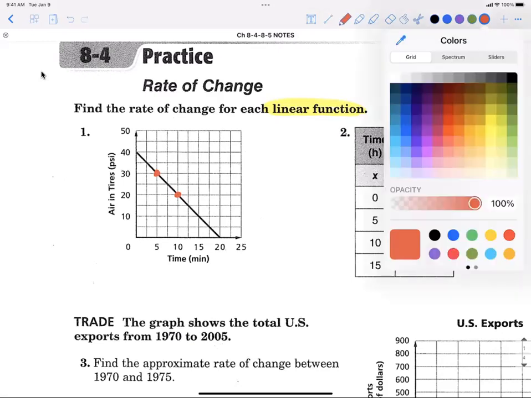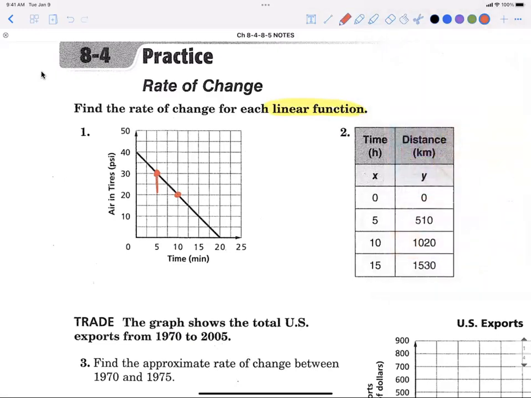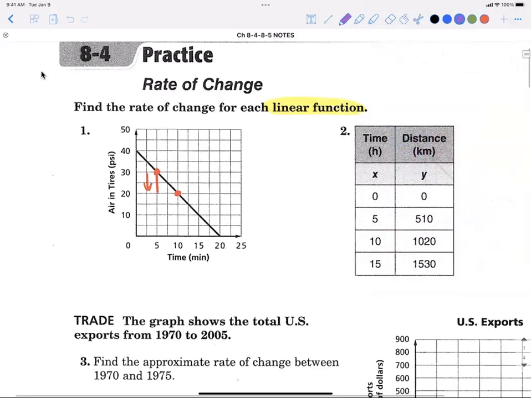So remember, your rate of change is, in this case, a fall because we're going down, and then it's a run. So your up and down, which is your change in Y, over your change in X. All right, so let's tally up what those are.